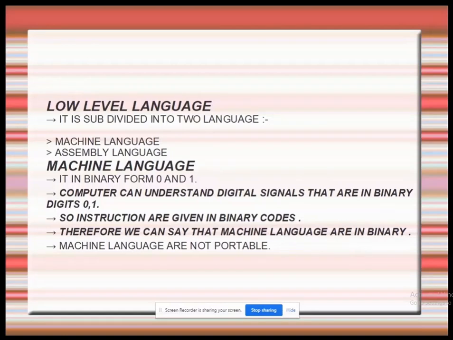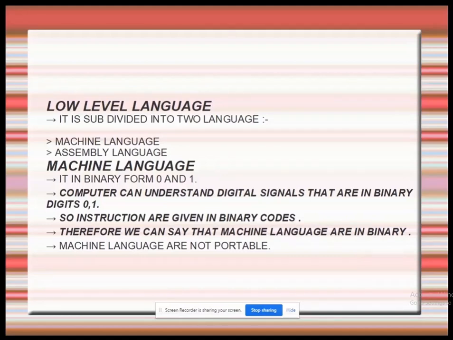Machine language is in binary form, 0 and 1, and the computer can understand only digital signals that are in binary digits 0 and 1. So the instructions are given in binary codes. Therefore, we can say that machine languages are in binary, and the computer can understand only machine language. The most important thing that you should know is that machine languages are not portable.